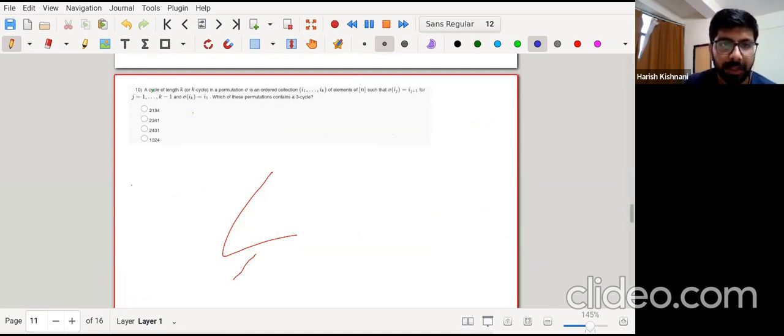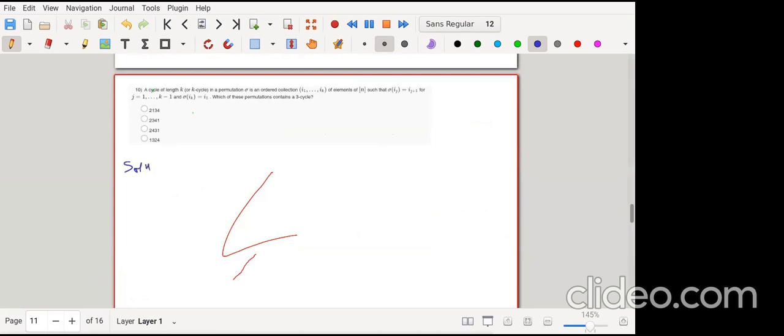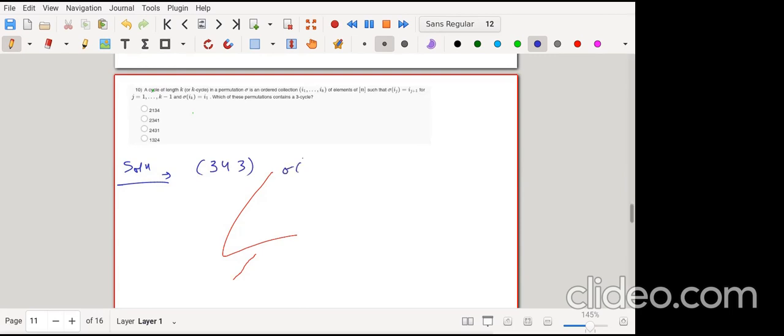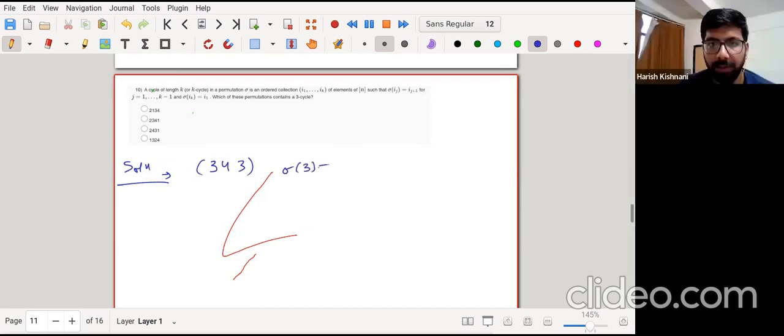So let's first discuss what a cycle is. A cycle is a permutation of this form. Let's say we are starting with something, whatever, 3 4 3. Oh sorry, we can't have two symbols the same because it's a permutation.